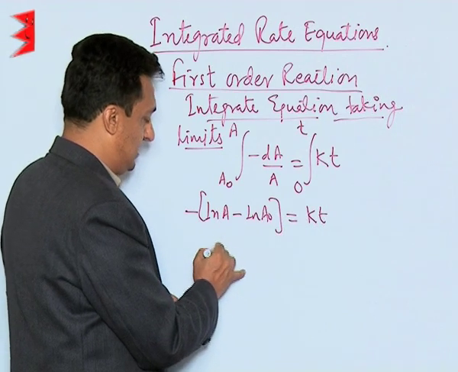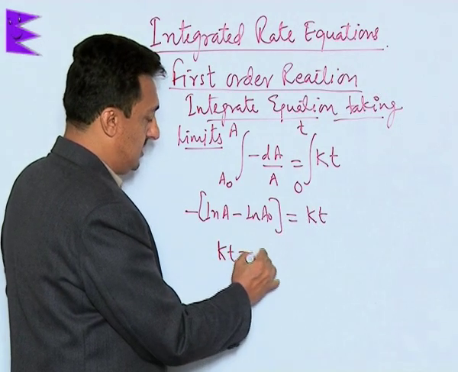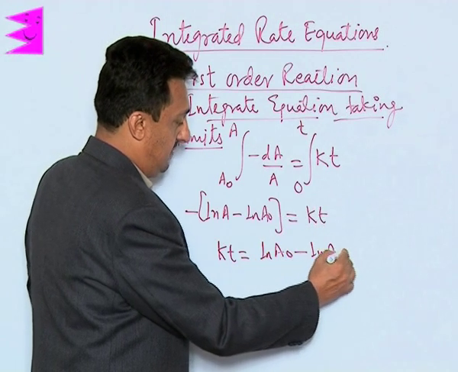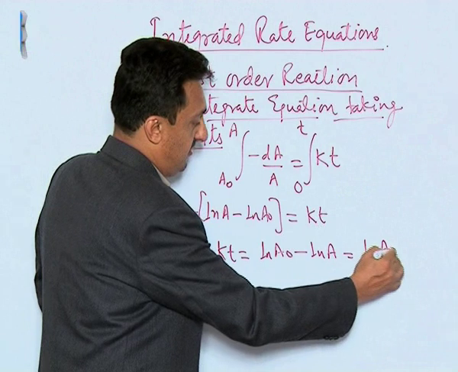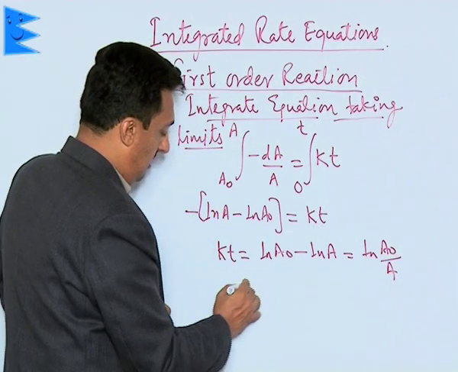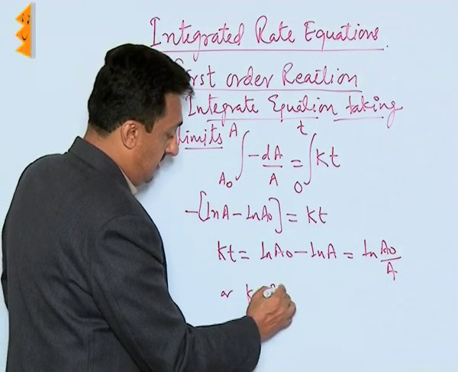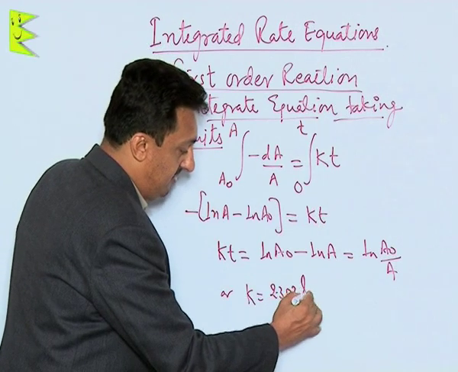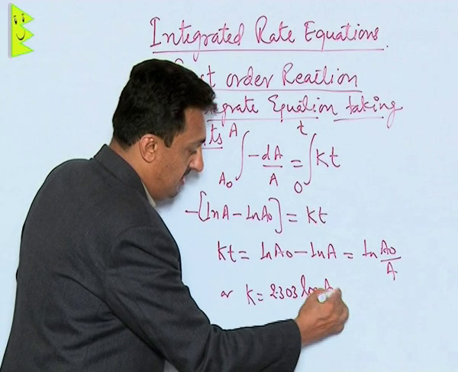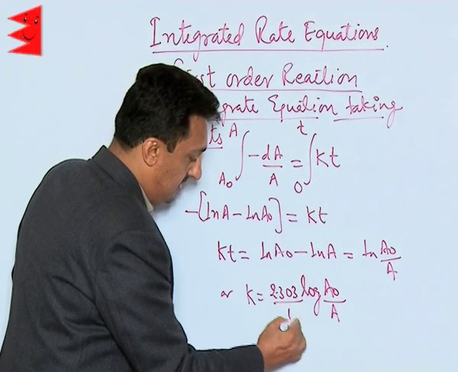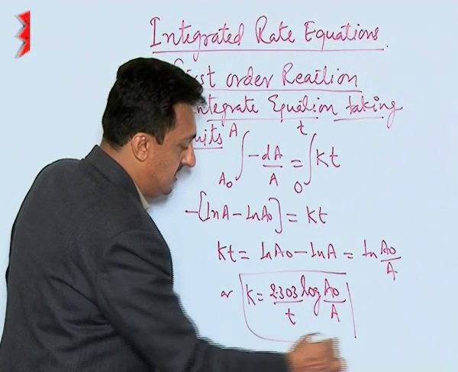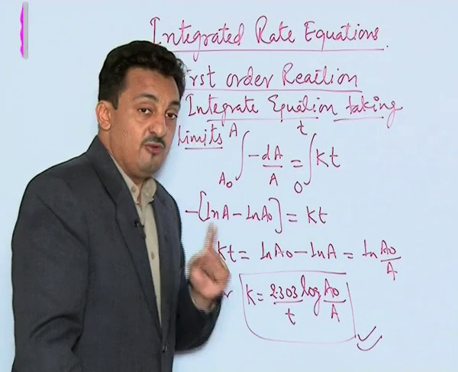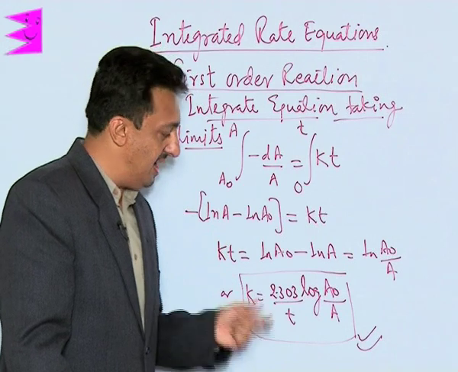It can be written as Kt is equal to natural log of A naught upon A, which can be written, if we change this into log base 10, as K is equal to 2.303 over t times log A naught upon A. So this is the rate expression or integrated rate equation for first order reactions.